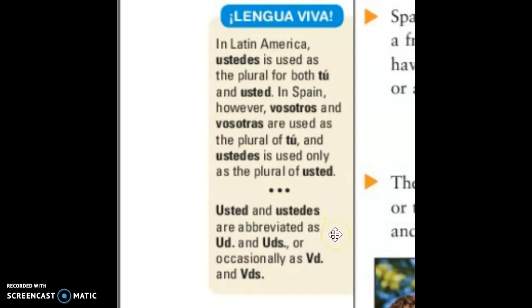And then also, one last thing to note, usted and ustedes are abbreviated as Ud. and Uds. Or occasionally you'll see Vd., but for our circumstances, you're just going to use the abbreviations Ud. and Uds.